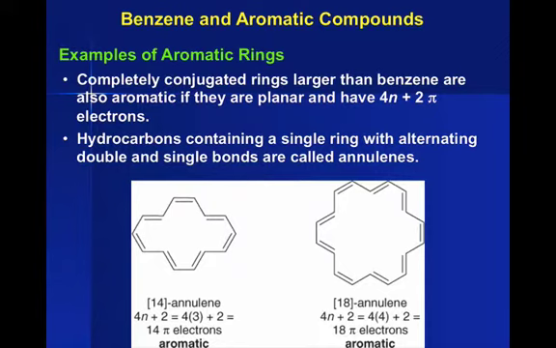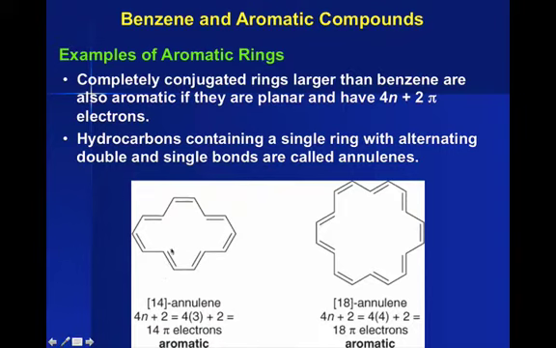There are other rings that are much larger than benzene that are aromatic. For example, these types of molecules, these annulenes. This is known as 14-annulene because there are 14 carbon atoms in the ring.